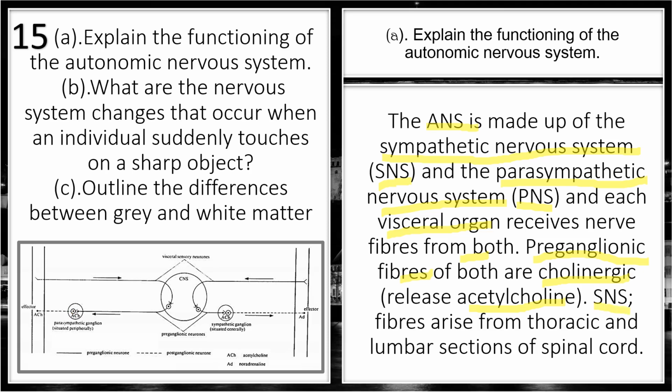Sympathetic nervous system fibers arise from the thorax and the lumbar section of the spinal cord.